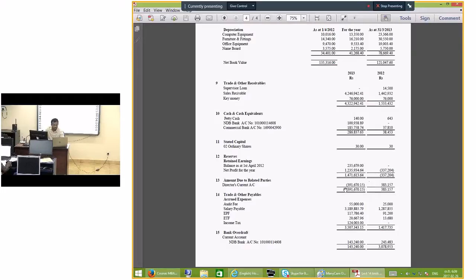Look at the reserve note. There is something wrong there. Last year's reserve is not matched.